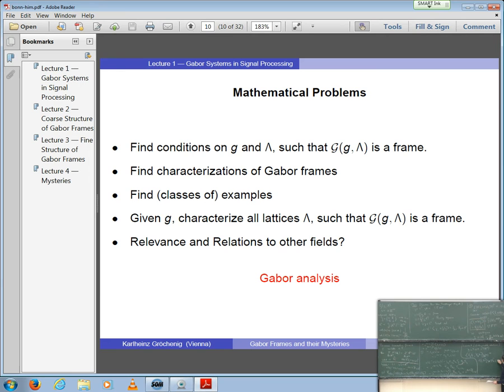Times g, gamma, complex conjugate, again an inner product in L2 of R^d. This says a bit more than is written here. In particular, if you take f equal h, g equal gamma, the short time Fourier transform of two functions in L2 is in L2 of twice as many variables.